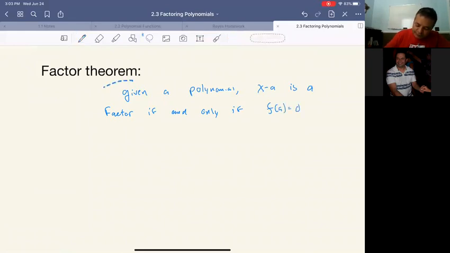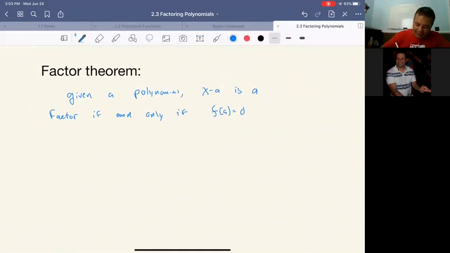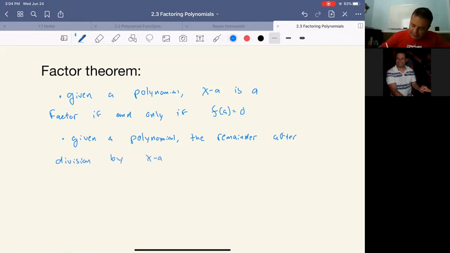All right? And we can even extend it, okay? If we take our given a polynomial, so given a polynomial, the remainder after division by x minus a gives f of a.